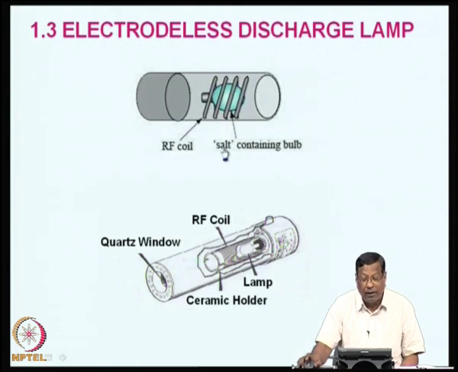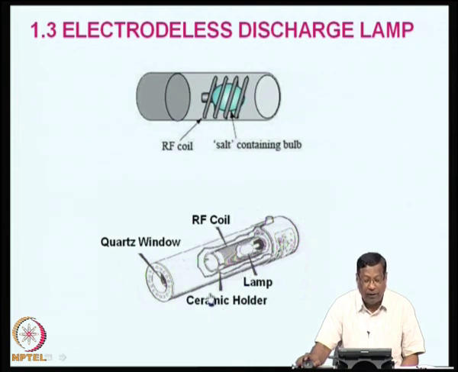The material contains salt, and it may be enclosed in a bulb, and other aspects remain the same, that is, a ceramic holder through which RF radiation is passed, and then we have the lamp.